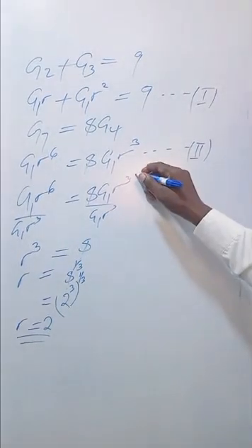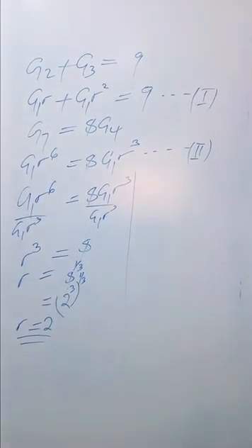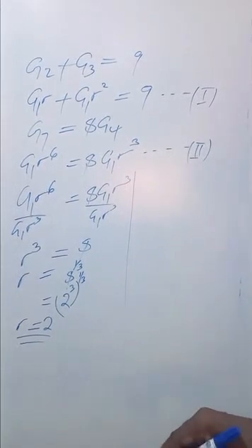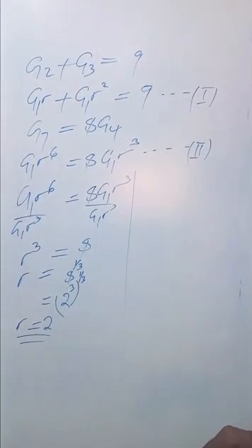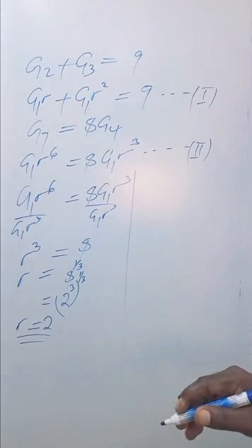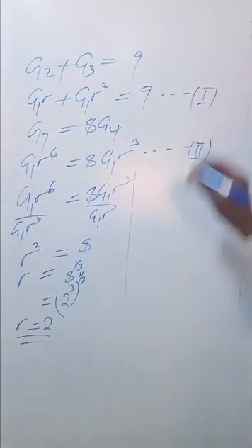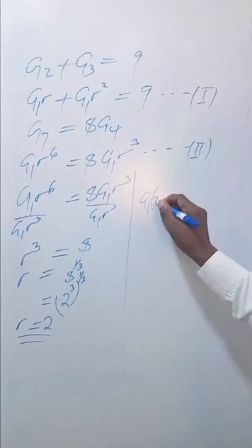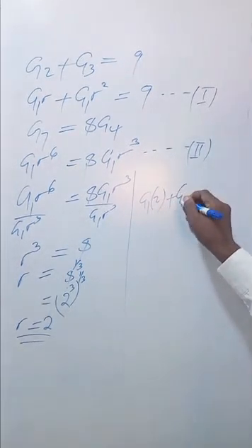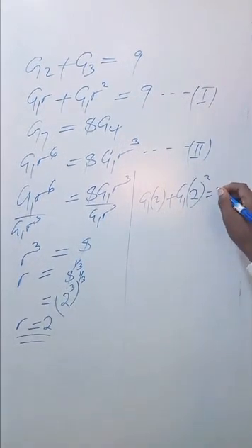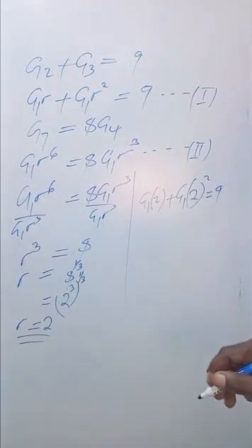Okay, so if that's the value for our R, which equation can we use to get the value of G1? Since we have got the value of R from equation number 2, now let's use R equals 2 in equation number 1, where we shall have G1 times 2 plus G1 times 2 raised to power 2 equals 9.